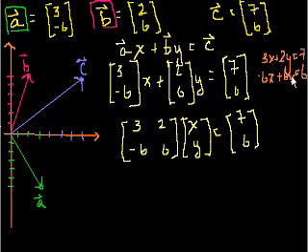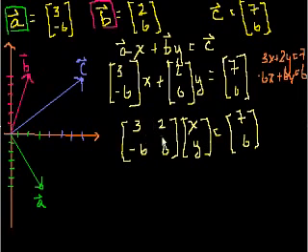I had drawn two lines and asked what's the point of intersection. But here we have, I won't say a completely different problem, because we're learning they're actually very similar. Here I'm trying to find what combination of the vectors A and B add up to the vector C. But it got reduced to the same matrix representation. And so we can solve this the same exact way we solved that problem.